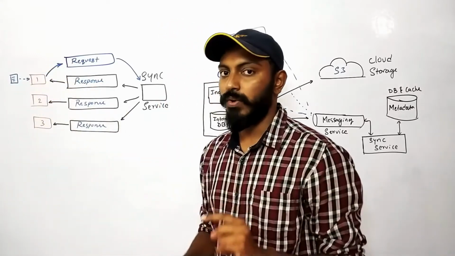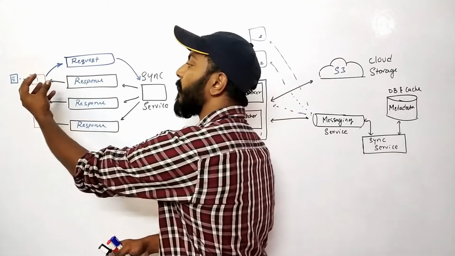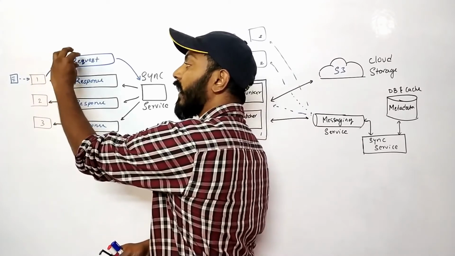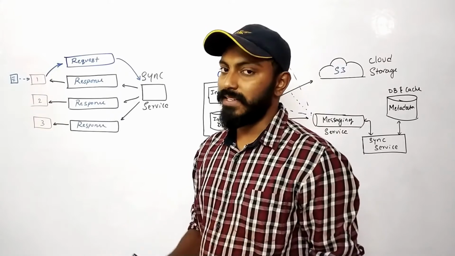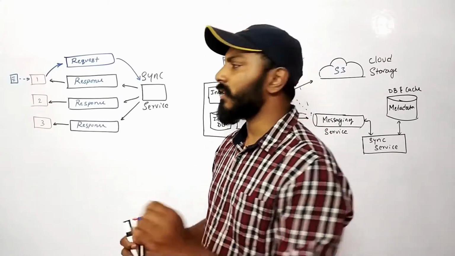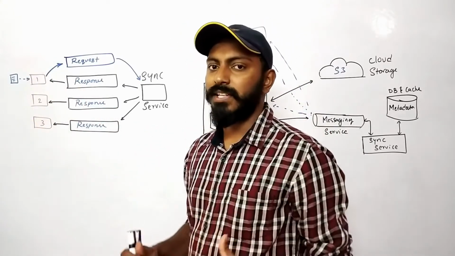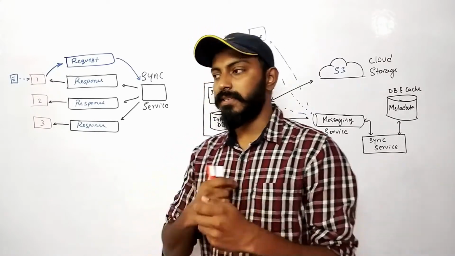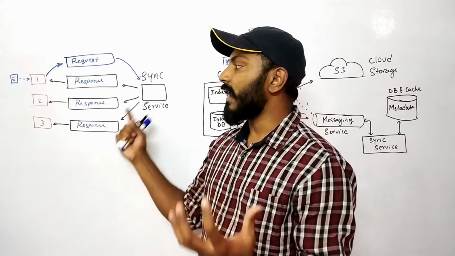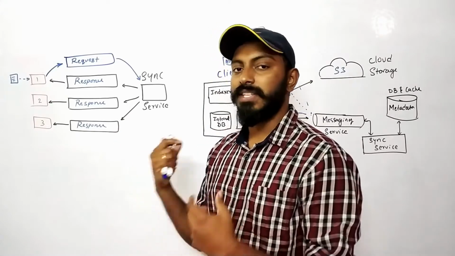Why do we need a queue? This client sends all of the metadata information to the request queue of the messaging service. Why do we need to do it the asynchronous way? Because these devices might be connected to the internet or might not. We can't always rely on a synchronous manner to send the updates about the files or sync the files, right?